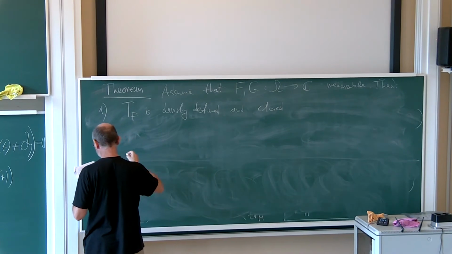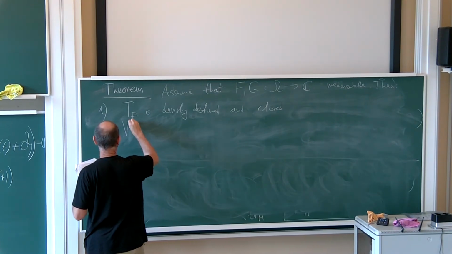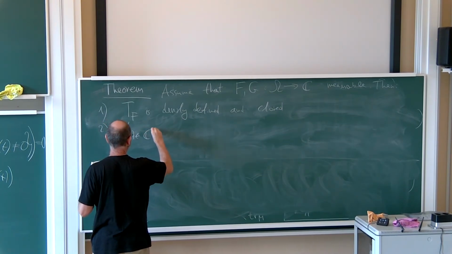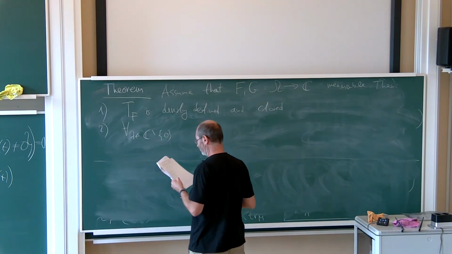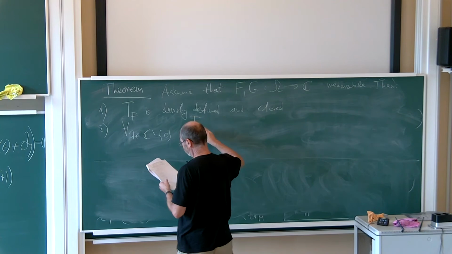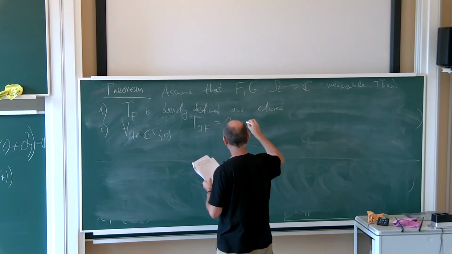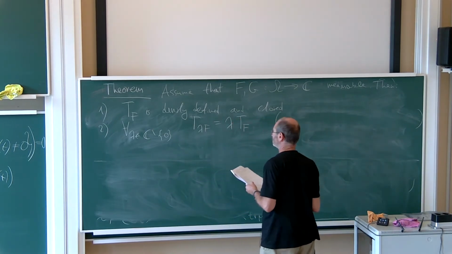Point 2. This is just multiplication: for any lambda which is not 0, for any non-zero number, T of lambda f equals lambda times T of f.